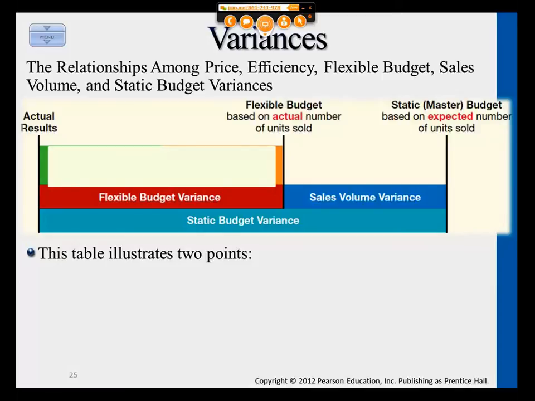So remember that table where you have your actual results, right? Some results from the master budget and then some that are flexible, and in between we're calculating all sorts of variances, right? Okay, so we have our actual results all the way to the left here. We have the flexible budget that's based on actual numbers, right?